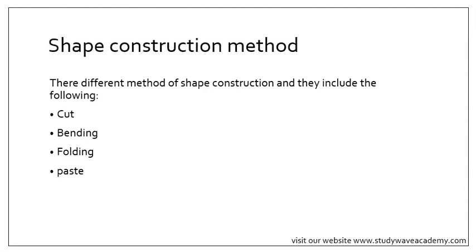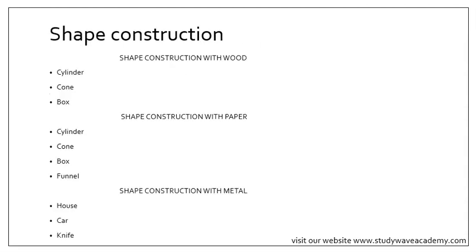So we're going to be looking at shape construction with the different materials, with wood, with paper, and with metal. Okay? First, we're going to be looking at shape construction with wood. You can use wood to make cylinder, cone, and box. Do you understand?